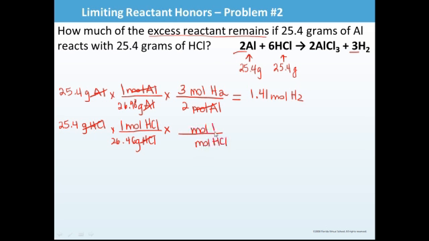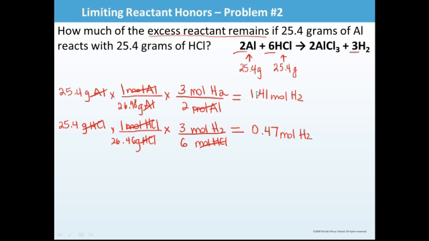I'm going to go to the same product. Remember, it always is the same product. HCl has a coefficient of 6. My units there cancel. And now we just plug this into our calculator and we get 0.47 moles of H2.